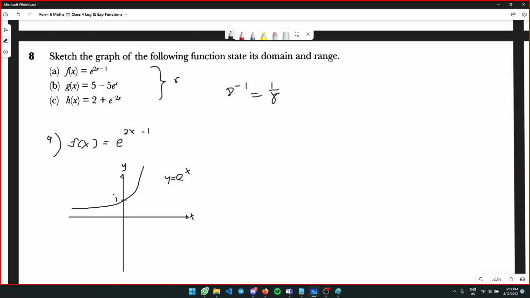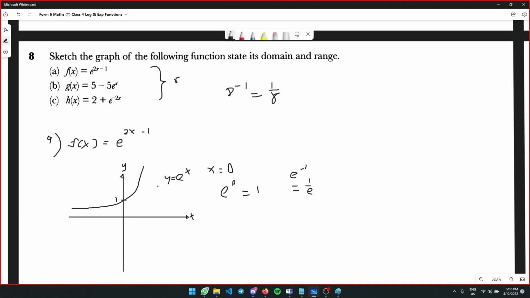Anything to the power of 0 is 1. Okay, e to the power of -1, then that is 1 over e. No need to type in the calculator and get the answer.